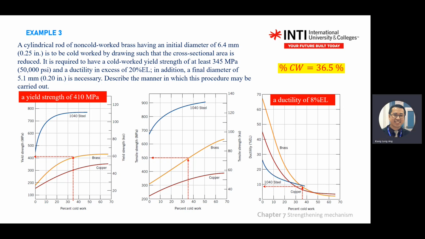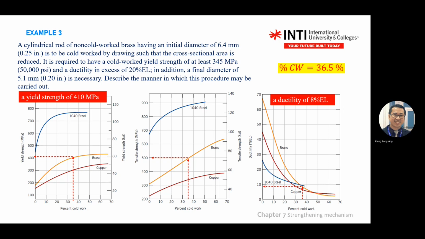Now the ductility percentage fails. How do you increase this one to what the customer wants, 20%? What can you play? And just now you see you can change this diameter. Yes, change the percentage of co-work.